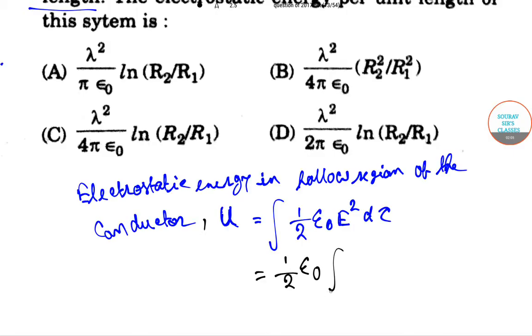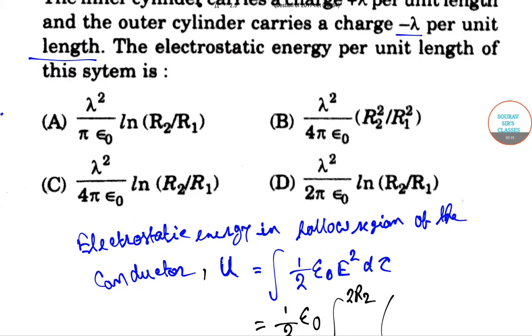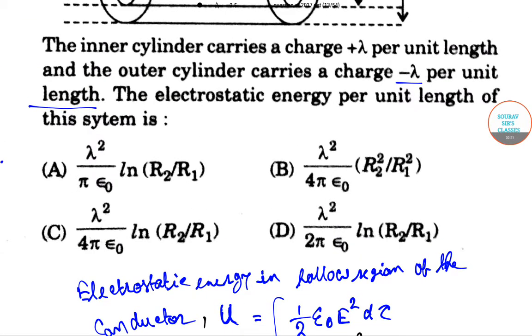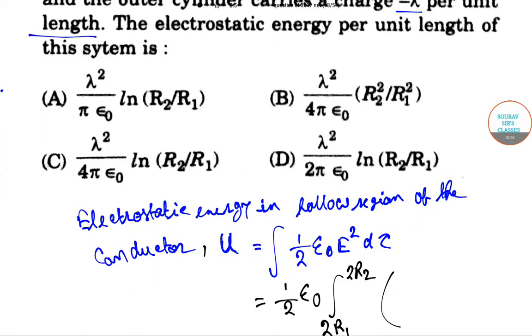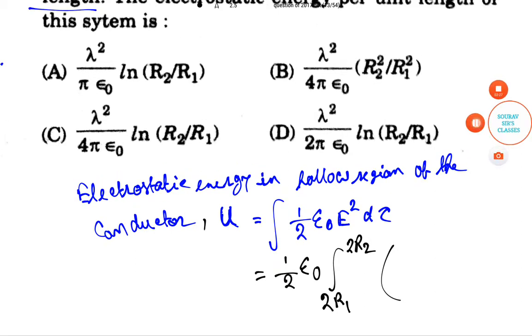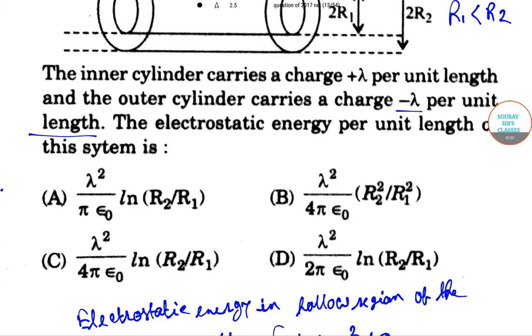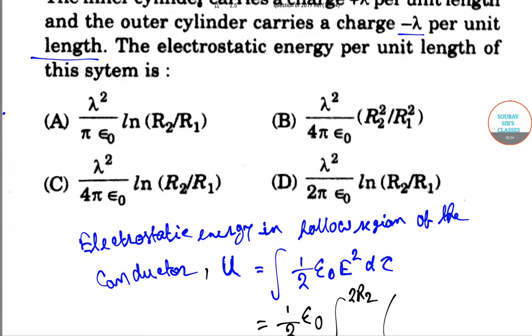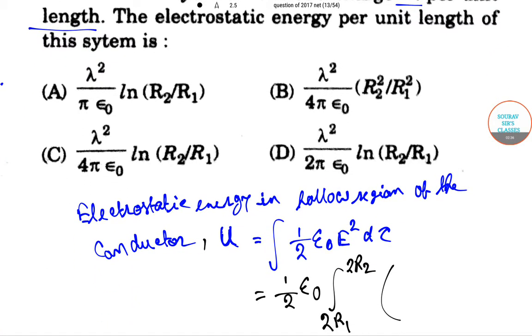Here from the figure, the limit of the integration is 2r1 to 2r2, and here lambda is the charge per unit length.